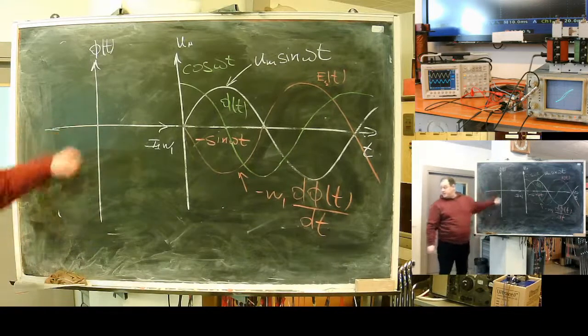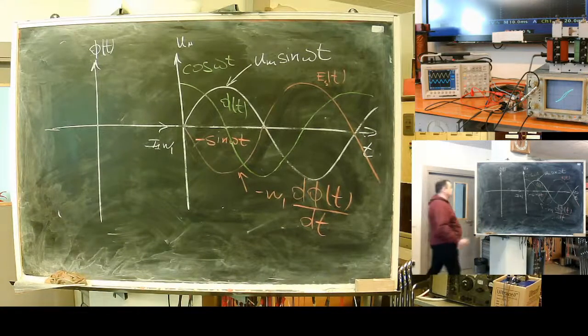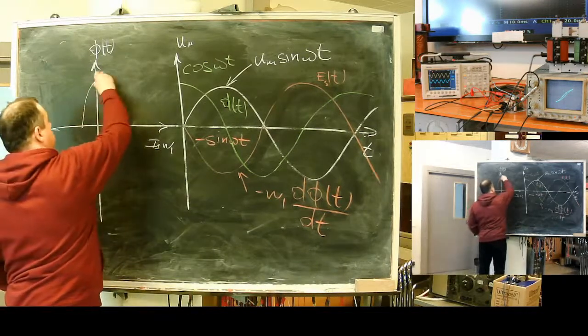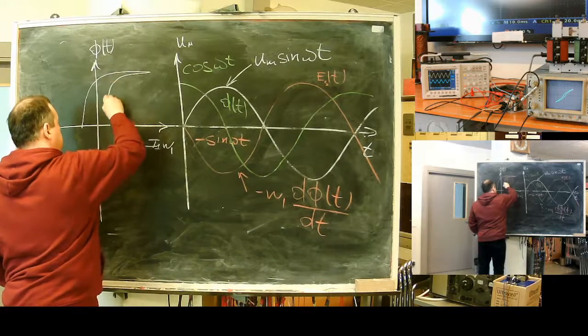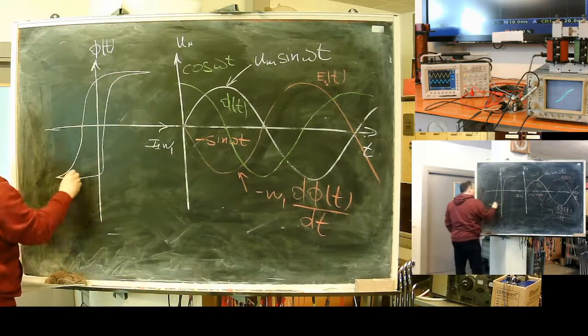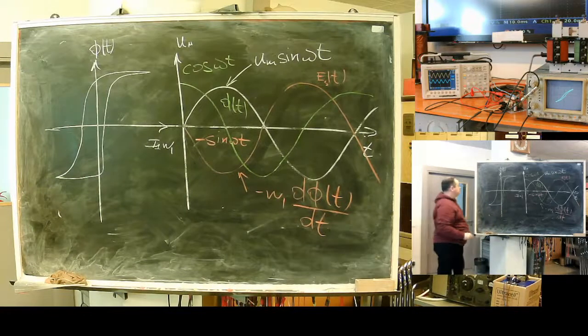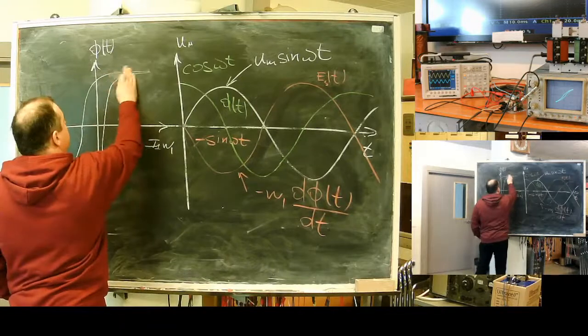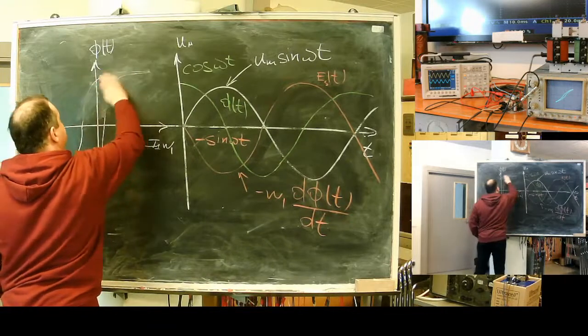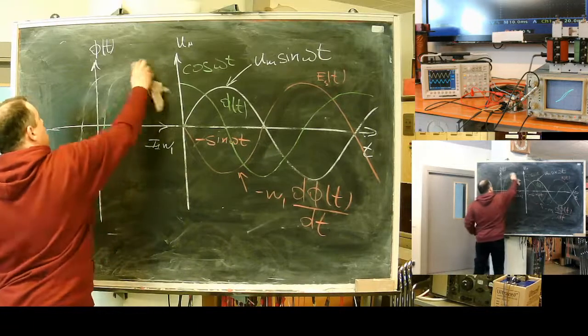I have this space for my nice green chart. I want to have a magnetizing curve here. Bit too high. One second.